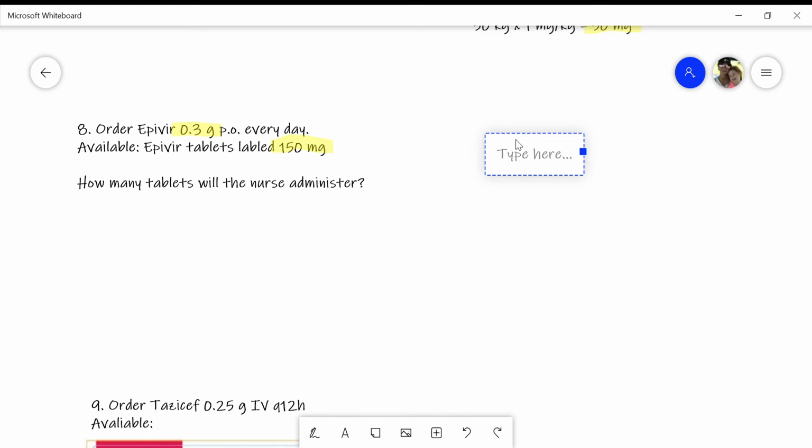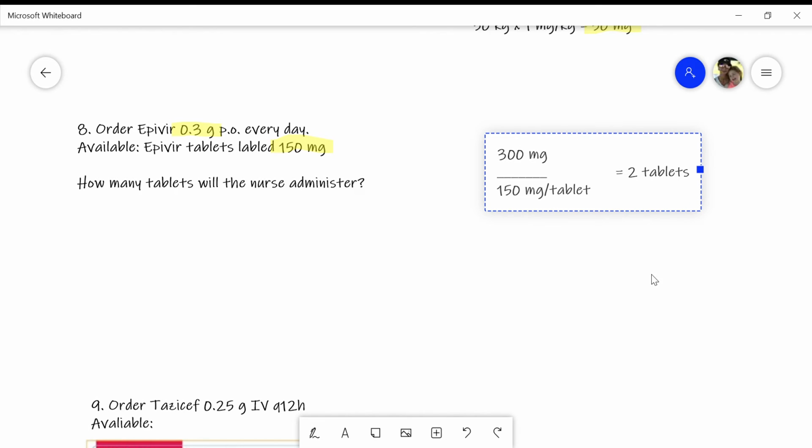So that's going to give us 300 milligrams once we convert. Then we divide that 300 milligrams by our available dosage, which is 150 milligrams a tablet, and that's going to give us 2. So 2 tablets is your answer for that.